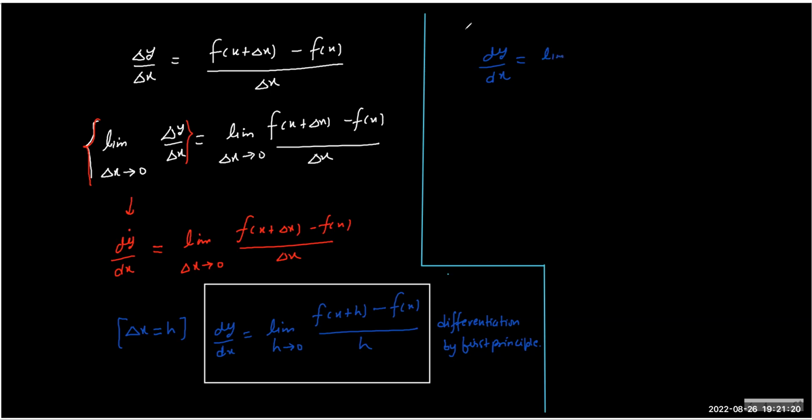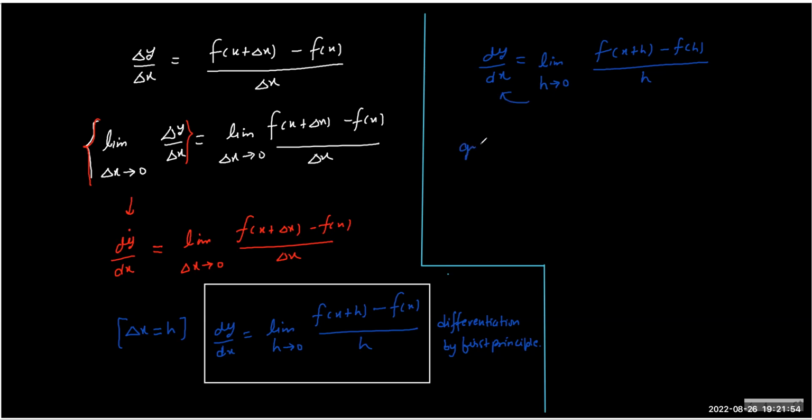First of all, you take two points h distance away, you find the slope of the secant, and then you take the limiting case, you say that h is very small, and then this automatically becomes the tangent, and so you get the answer dy by dx. That's very simple. You start with the secant idea because you know this is easy. Once you get this idea, then you take h tends to 0, and then eventually you come to dy by dx as a formula.